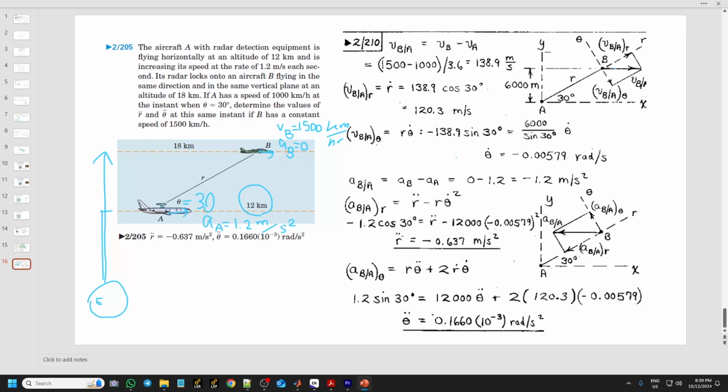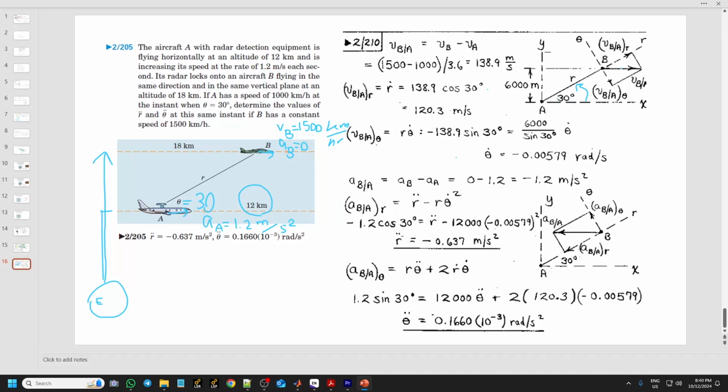So we know that VB minus VA is in this direction. And if it is r and it is theta, r dot is always in these directions, and V theta is in the direction of when the theta is increasing. Theta is increasing, remember, this way.